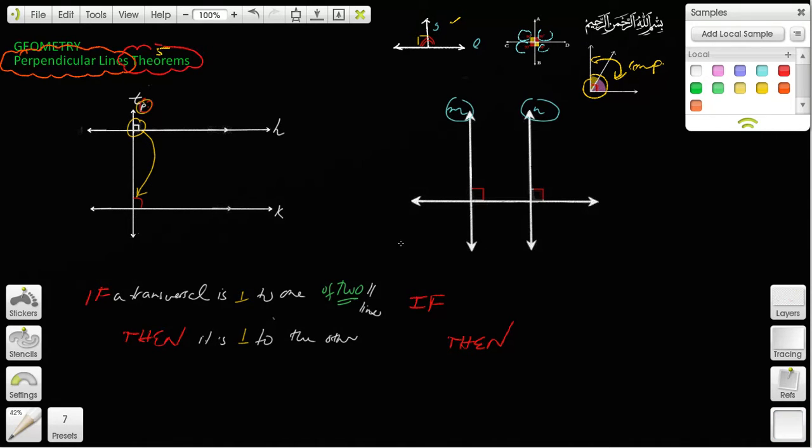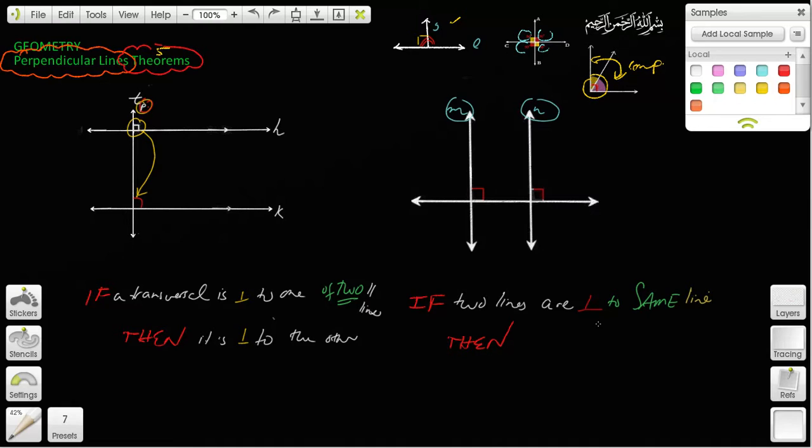Now this theorem states that if two lines are perpendicular to the same line, notice when we started, there are no parallel symbols anywhere.